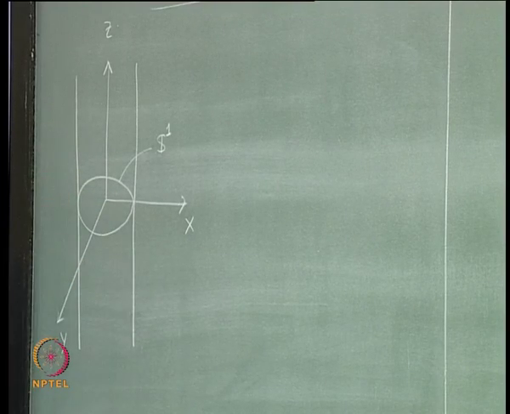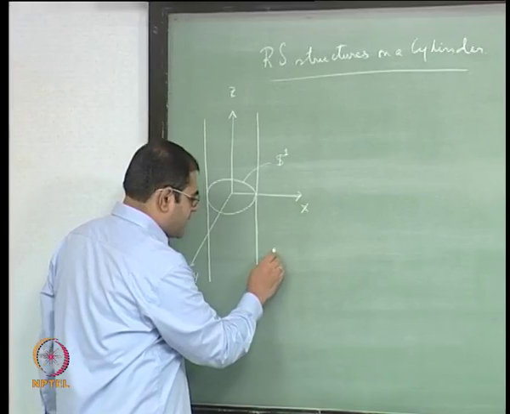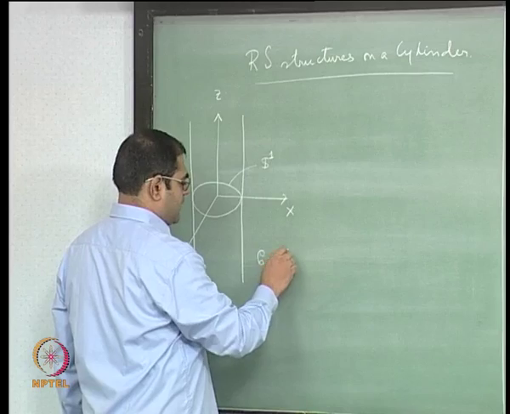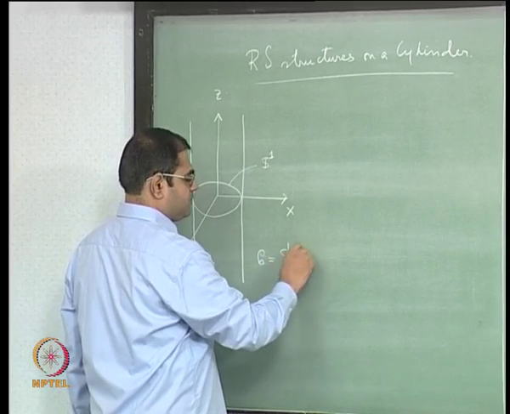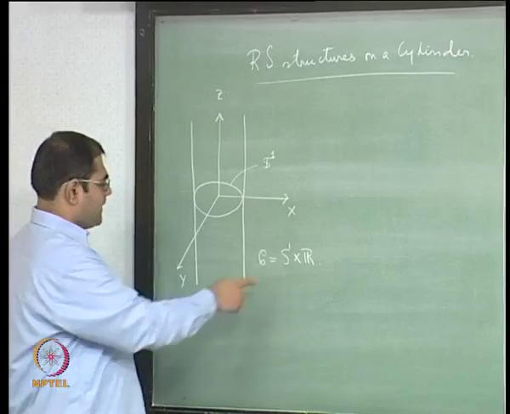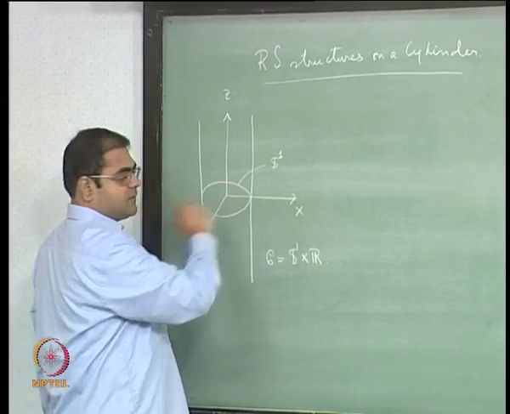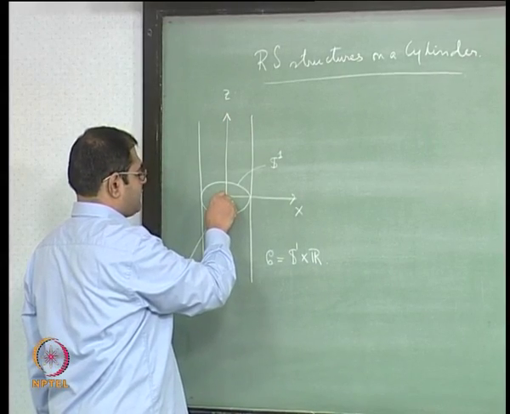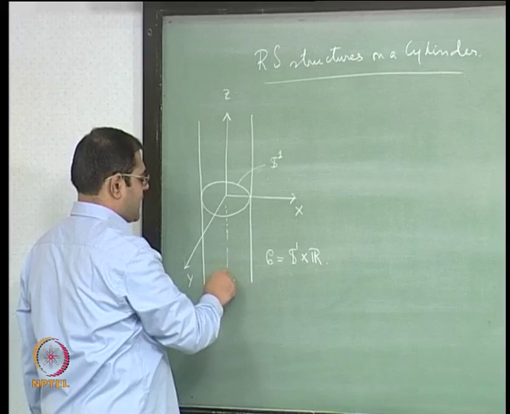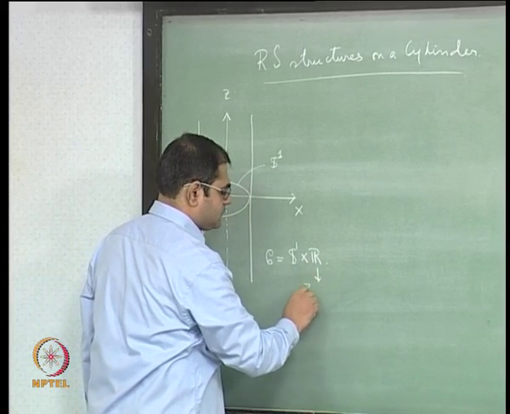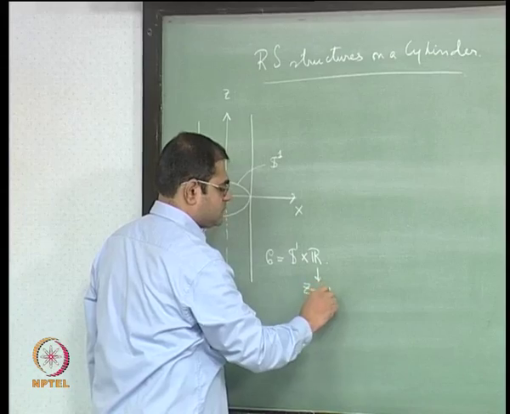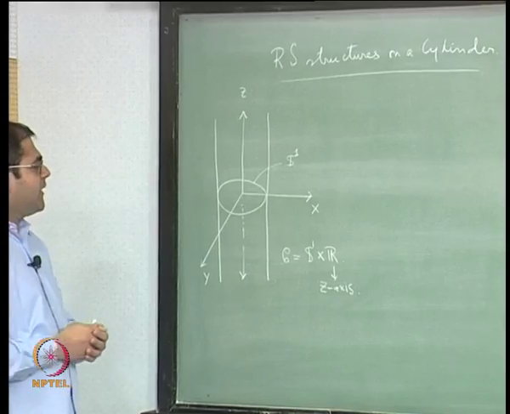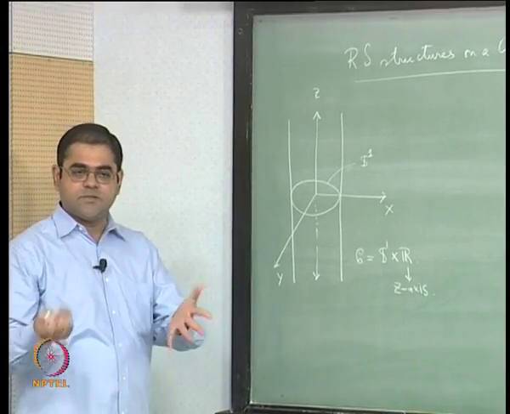So this is your cylinder here, and let me call it script C. You can see that this is just S1 cross R, where S1 is the unit circle, and R refers to the z axis. Okay, so here is my cylinder, and basically I want to turn this into a Riemann surface.